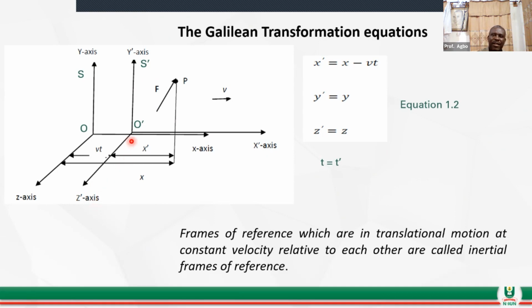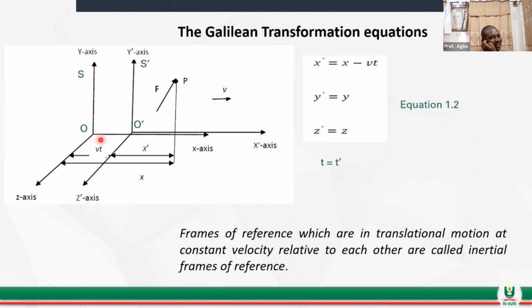Now the situation here is when the two frames coincide, that means when you see this O prime being at the position of O, S prime being at the position of S, they coincide. At this position, the time t is equal to 0.